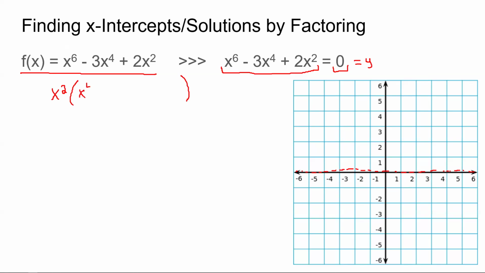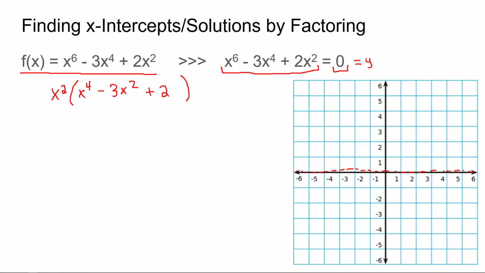Well, that would be x to the fourth. Remember, when we're multiplying bases, we add the exponents. So 2 plus 4 would be 6 there. Right here, I need a minus 3. I need two more x's, so I'll put that. And then finally, I'll have a 2 right there. Think about distributing that back and see if that won't get you the original function.